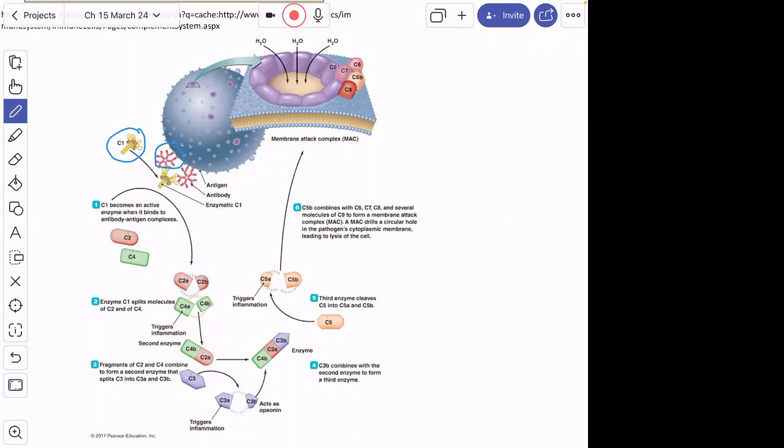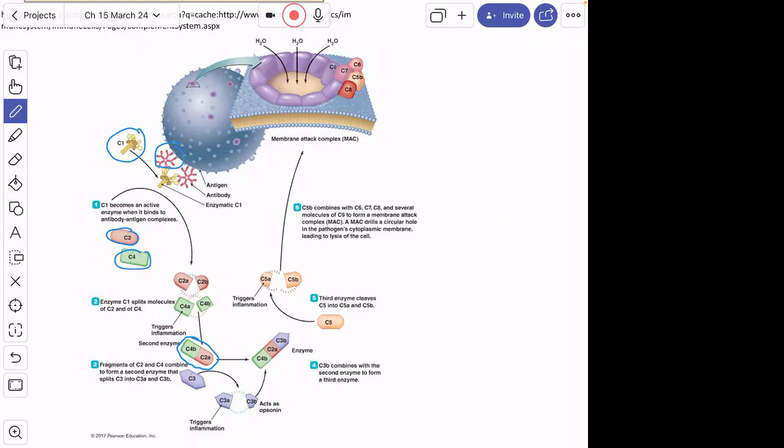Okay, so the C1, basically when it's activated, it acts as an enzyme and causes the splitting of these other proteins here. Some of those fragments bind together to form basically an enzyme, the C4B and C2A. I'm not concerned that you know which part of which one.